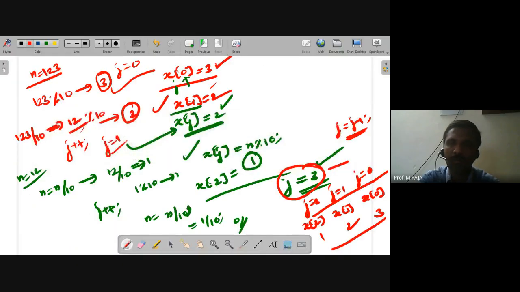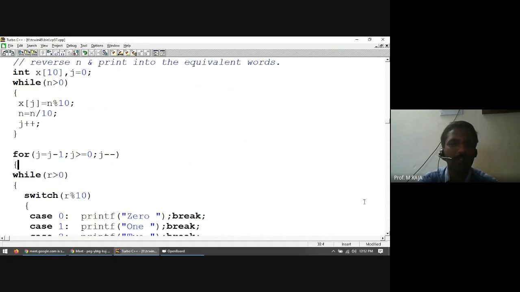Inside the for loop, what we have to do is take the value x[j] and print x[j]. So this while, I am removing this while.